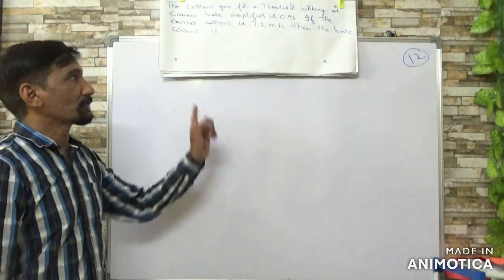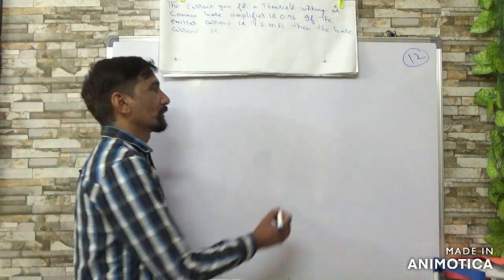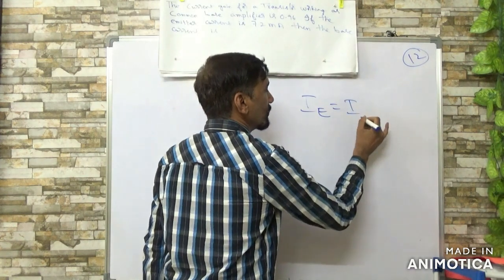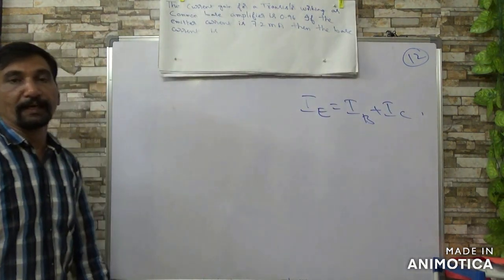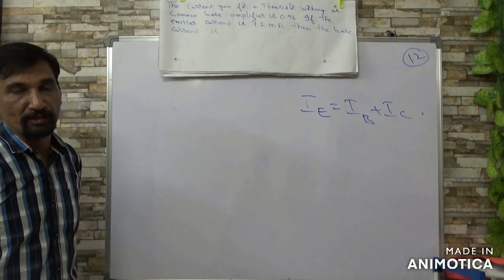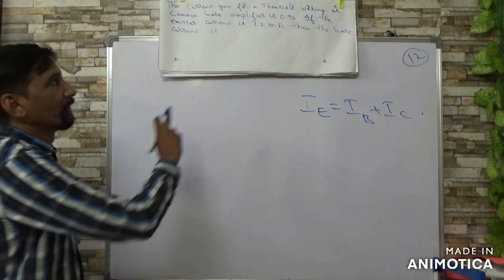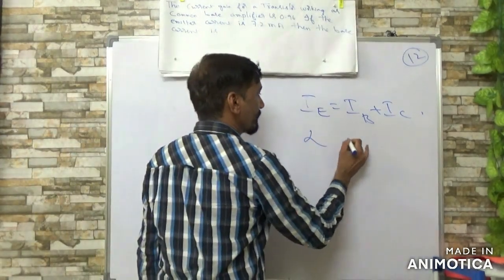Based on transistor also you will be given one problem. So in case of a transistor, emitter current is always equal to, remember, base current plus collector current. So these amplification factors alpha and beta you can identify easily. Remember, whenever the value is less than 1, it is alpha.